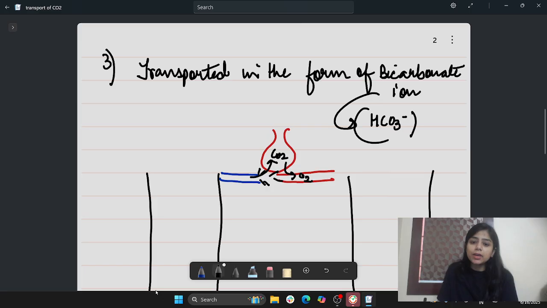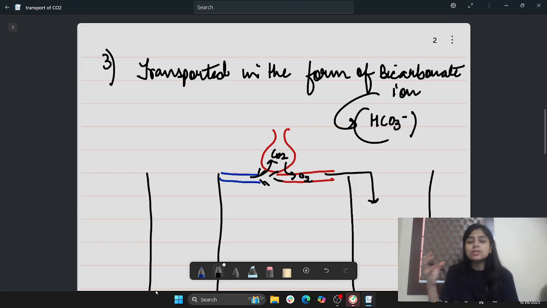So if this blood is coming from the lungs and entering into the pulmonary vein, into the left atrium, from the left atrium into the left ventricle, and from the left ventricle it will move throughout the body with the help of the systemic arteries.